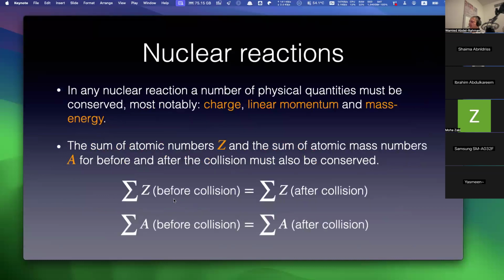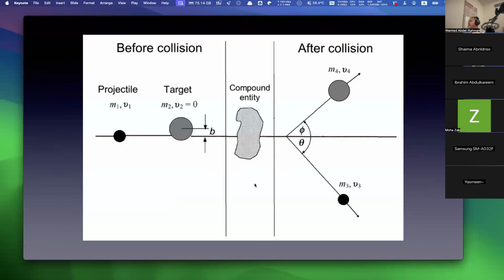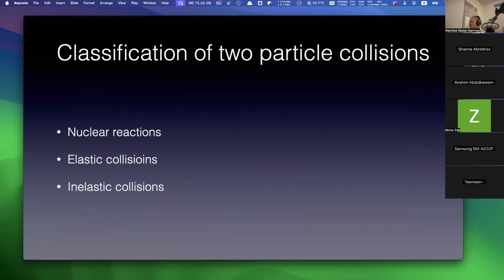This means that if this diagram represents elastic scattering, then the amount of energy transferred to the target from the projectile is going to be very, very small, negligible. Essentially, the kinetic energy of this particle after the collision is going to be very close or equal to the initial kinetic energy of the particle before the interaction.